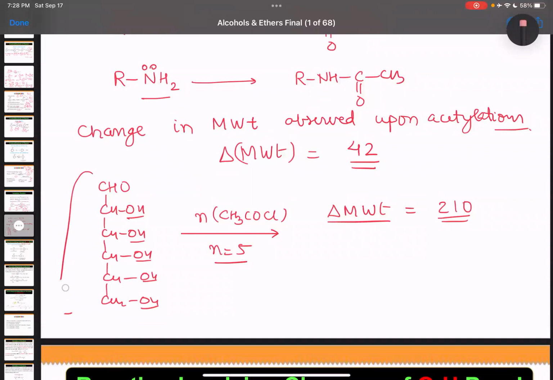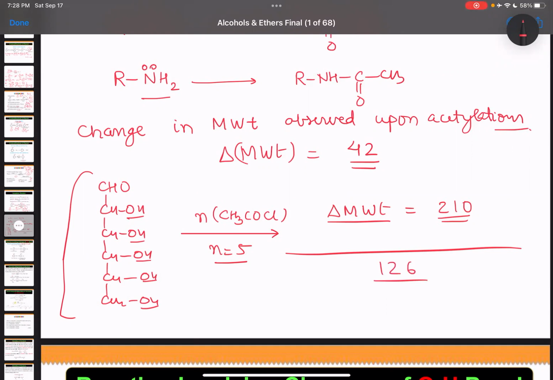So suppose you have a compound which upon acetylation shows a change in molecular weight of 126. Is it clear? So how many OH groups will be there?